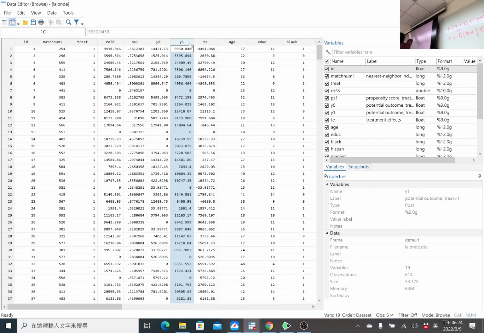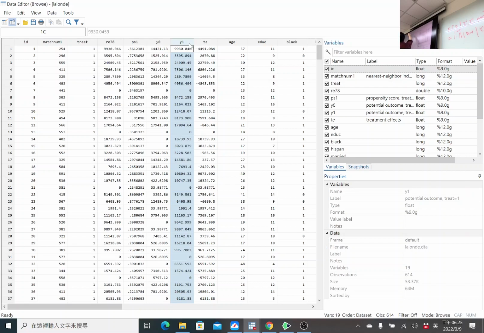So why do they impute the y0 using this number? It is based on the propensity, because his propensity is 0.36. That means the estimated probability based on his characteristics is 36%.